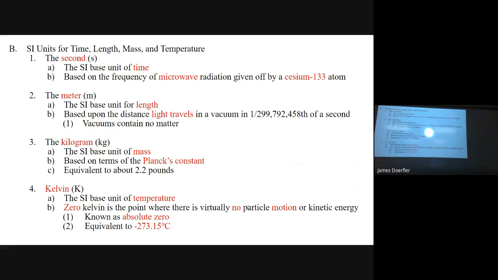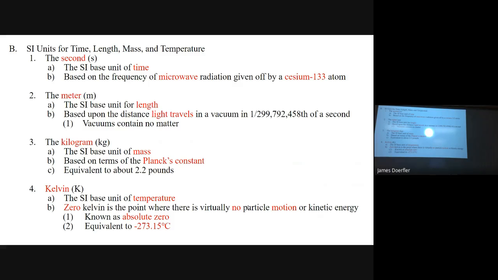Next for temperature is Kelvin with a capital K. That is the unit you're going to use. It's the base unit of temperature. 0 Kelvin is the point where there is virtually no particle motion or kinetic energy. Again, that's what temperature is. It's a measure of the kinetic energy that atoms possess. The point where there is absolutely no motion in atoms, there can be no visible measurement of temperature.